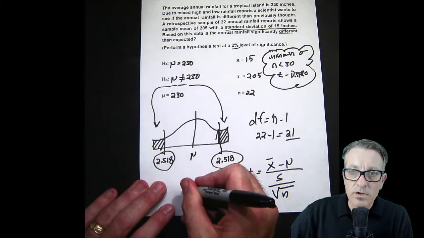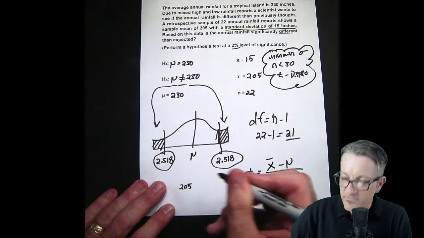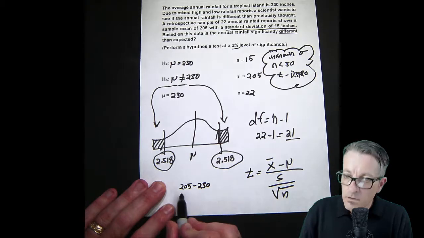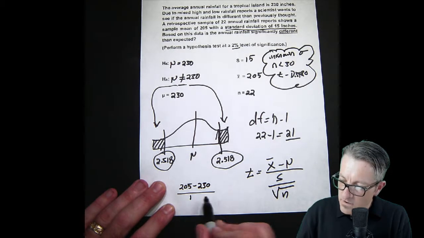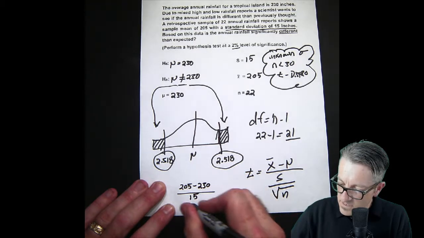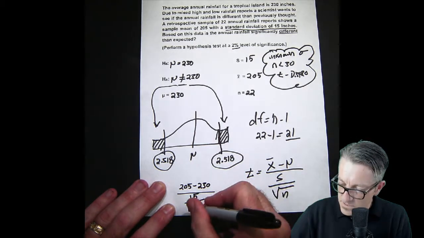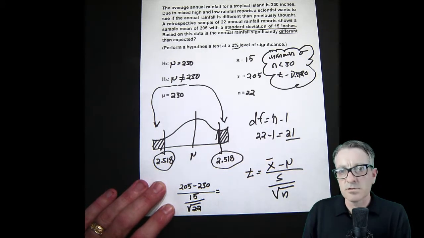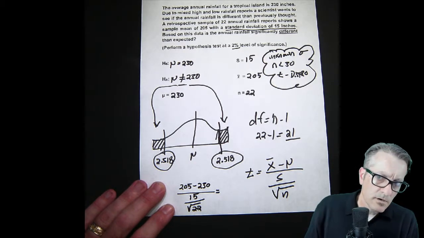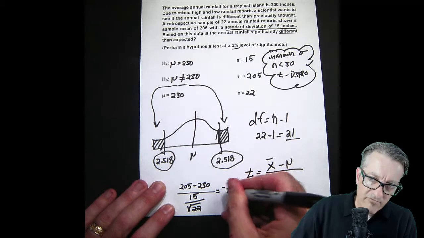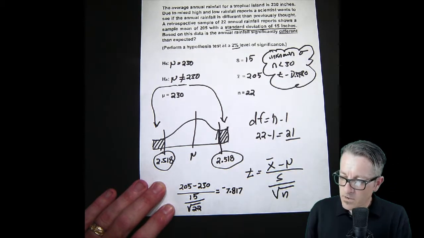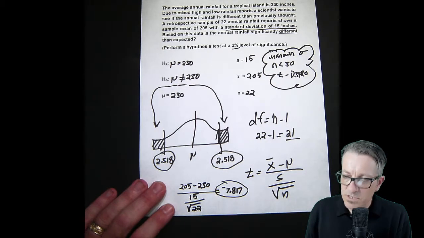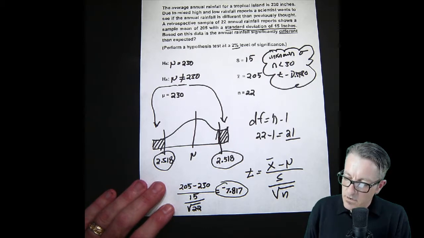We're going to write it out like this: 205 minus 230 over 15 over the root of 22. And I have this calculated out, so I'll write down the answer. The answer is negative 7.817.